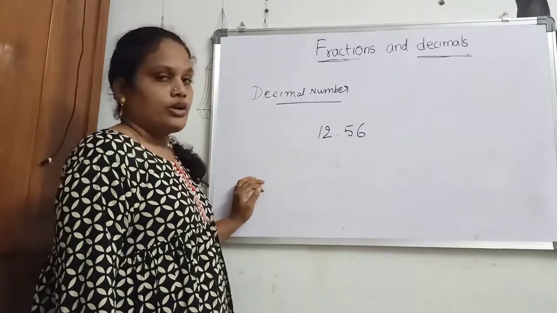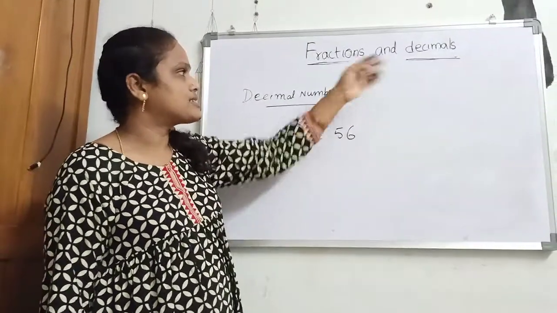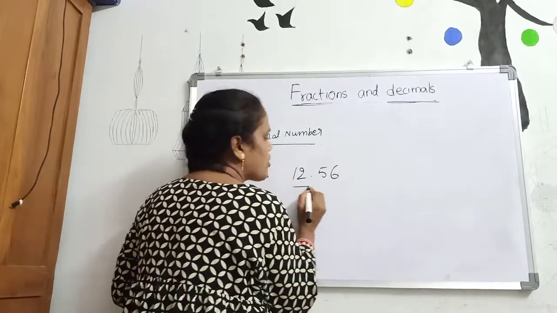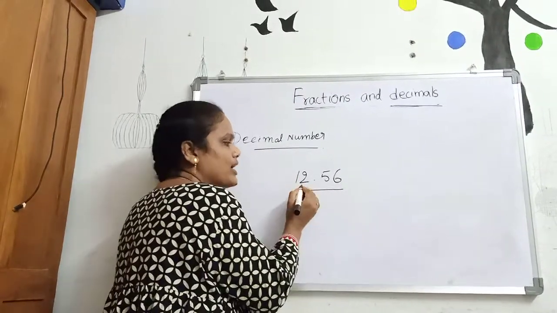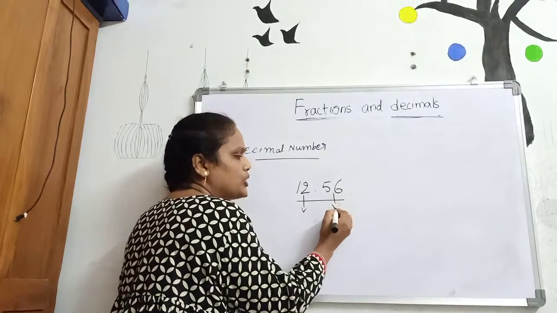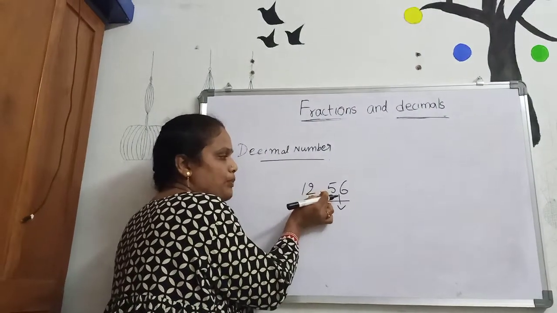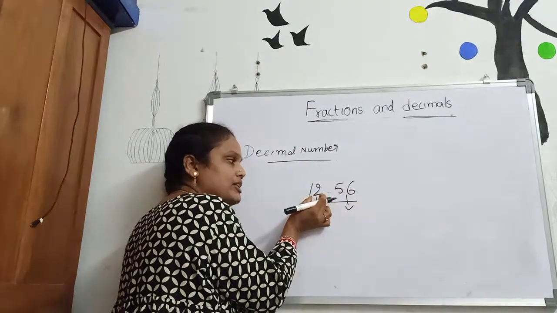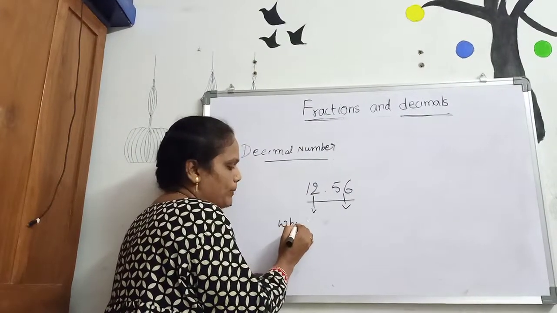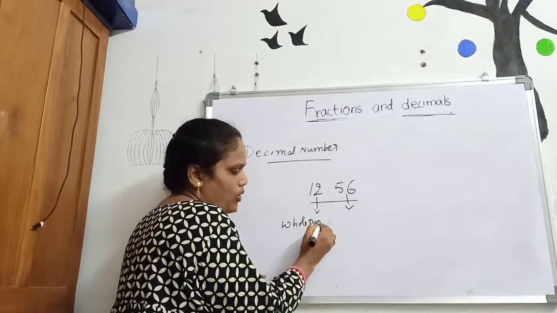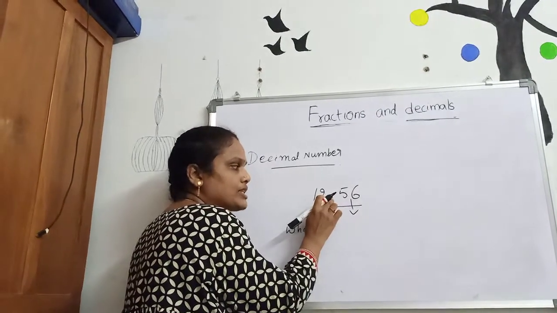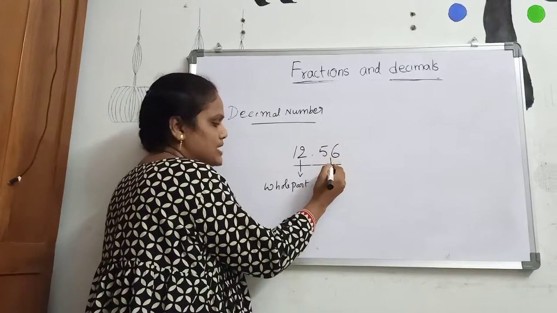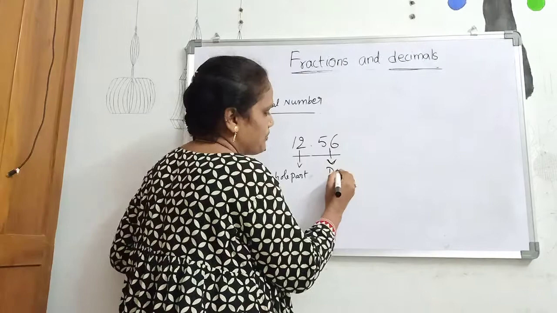Next we will discuss decimals. Decimal number, what is that? This is called a decimal number. In a decimal number we have two parts. Whatever numbers are on the left side of the point are called the whole part. After the point, on the right side, whatever numbers we have are called the decimal part.